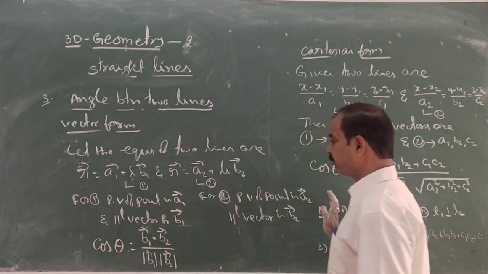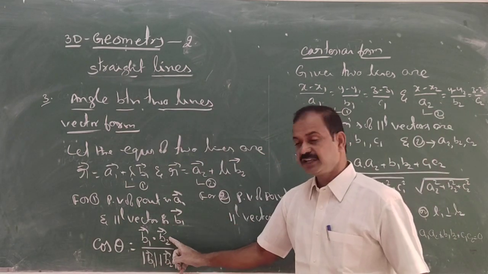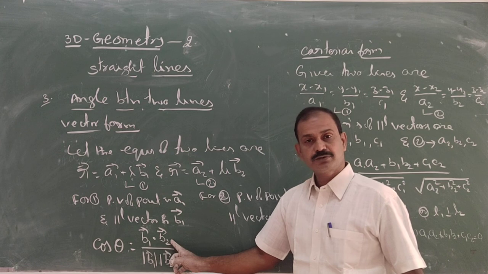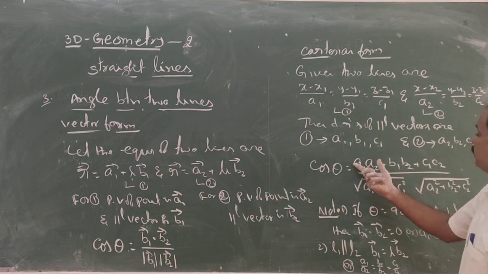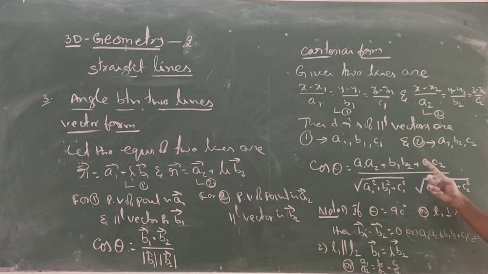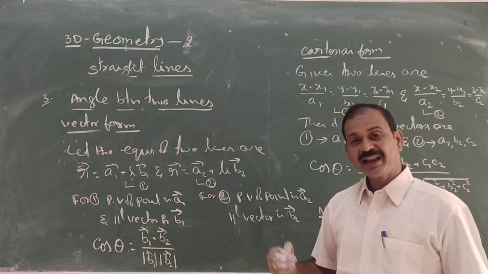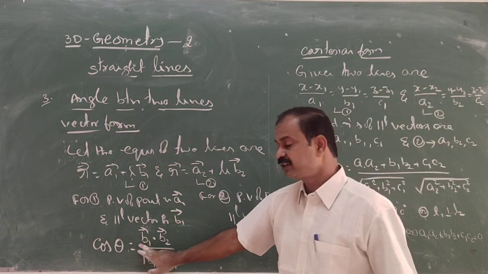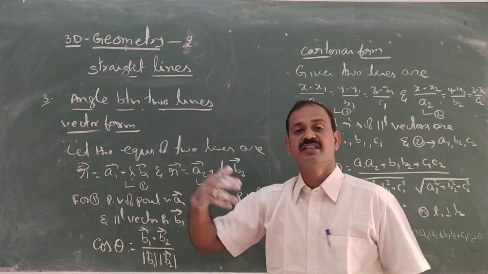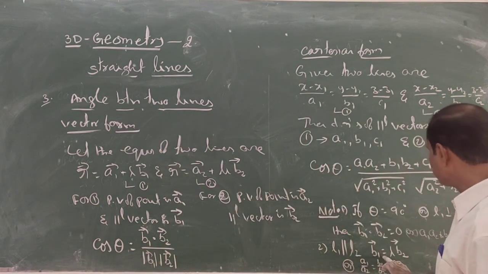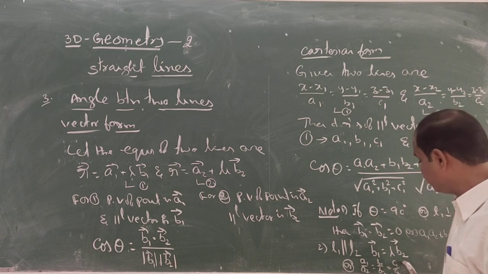When they are perpendicular, their dot product is 0. b1 dot b2 is equal to 0, or here the numerator a1 a2 plus b1 b2 plus c1 c2 is equal to 0. If they are parallel, then one vector is expressed in terms of the other vector, that is b1 is equal to lambda times b2.